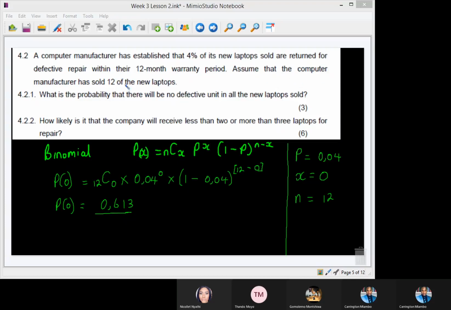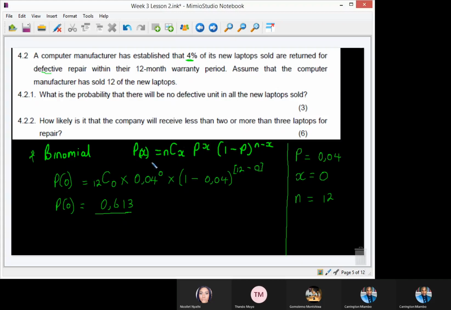Assume that the computer manufacturer has sold 12 laptops. What is the probability that there will be no defective? So the first thing you have to identify is what this probability is. Since we have a chance of success or failure, a chance for it to be defective at 4%, you know it's binomial.